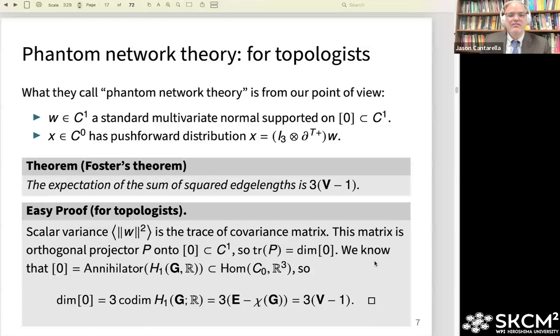So this theorem is called Foster's theorem, and it's often stated as a theorem about resistor networks or something. But in phantom network theory, Foster's theorem is the following statement.